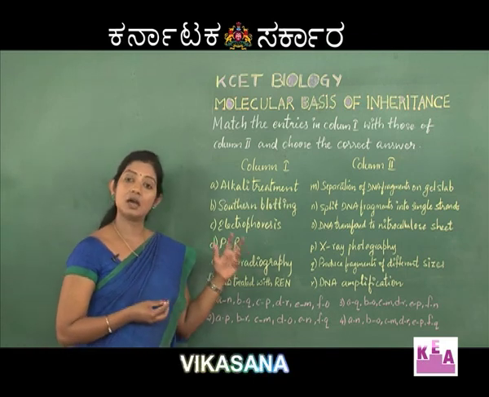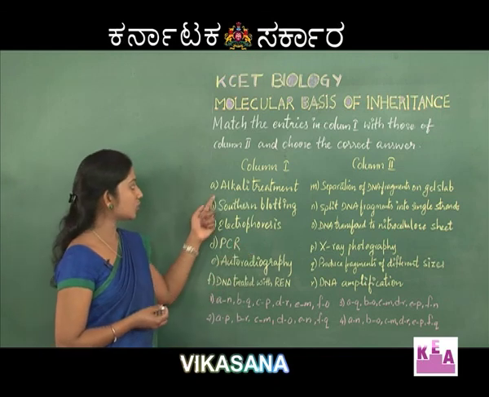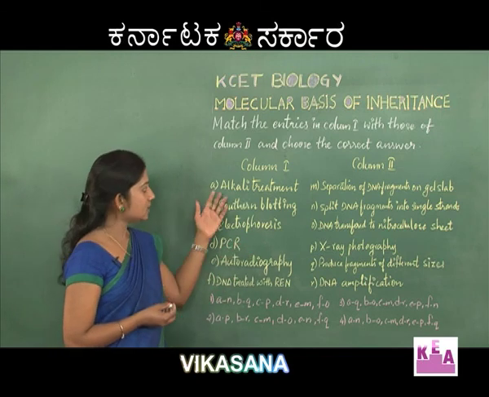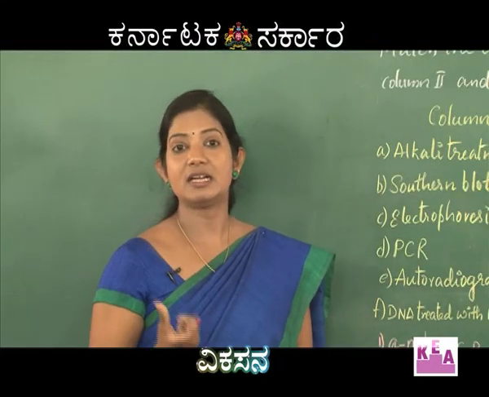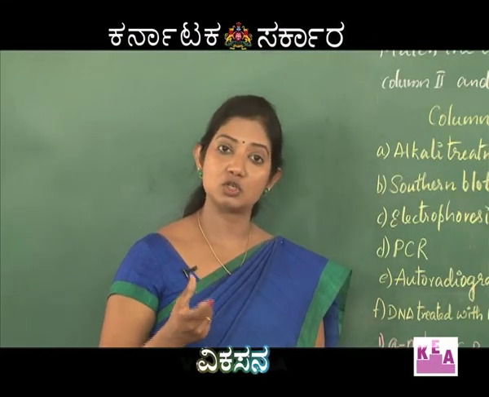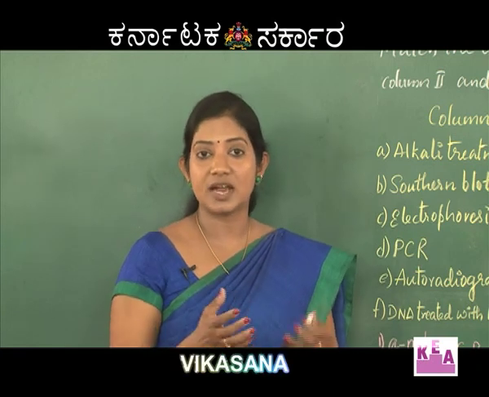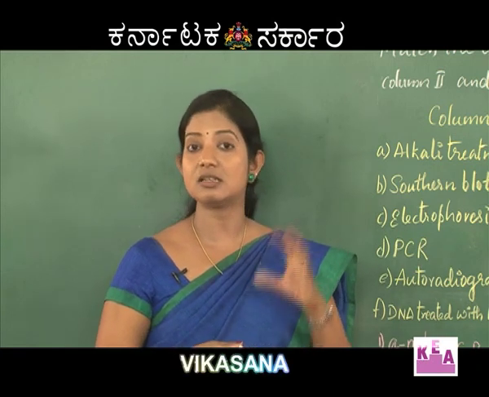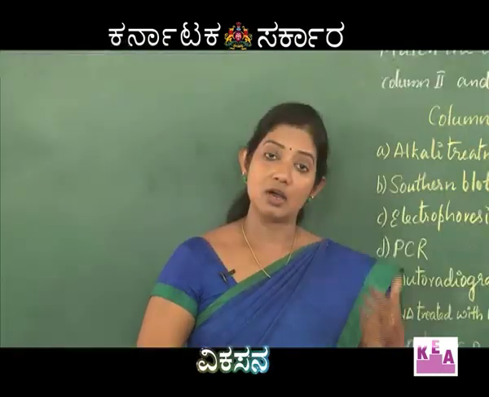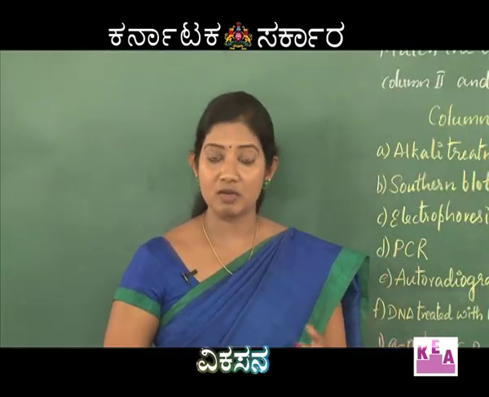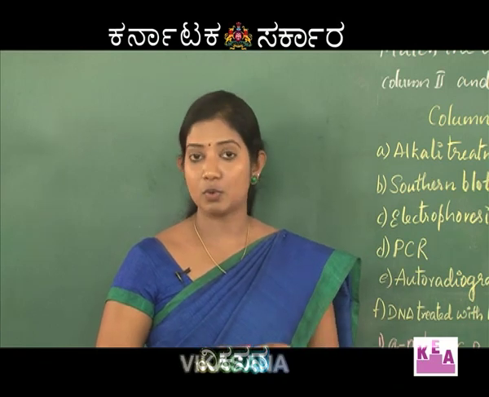Once they get separated, they are treated with alkali. Why are these DNA fragments treated with alkali? This is because the double-stranded DNA has to be converted into single strands, so that single strands are available. The next step is DNA probing, where synthetic DNA probes are added.